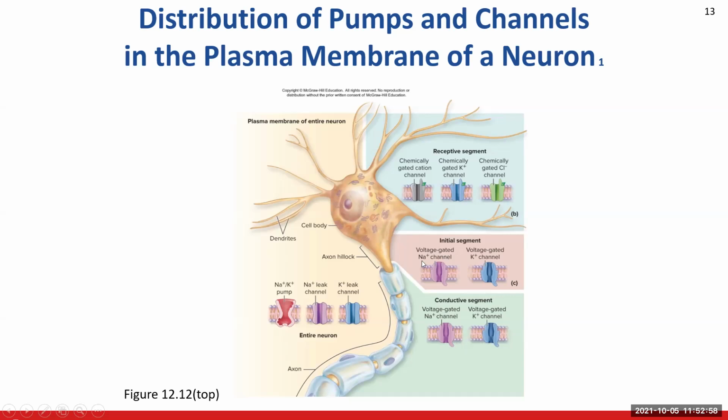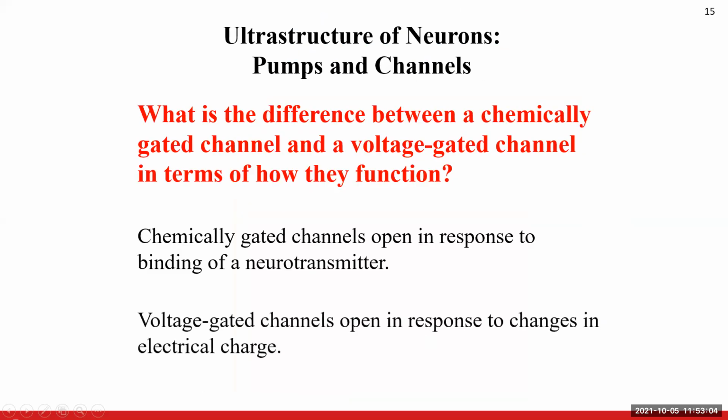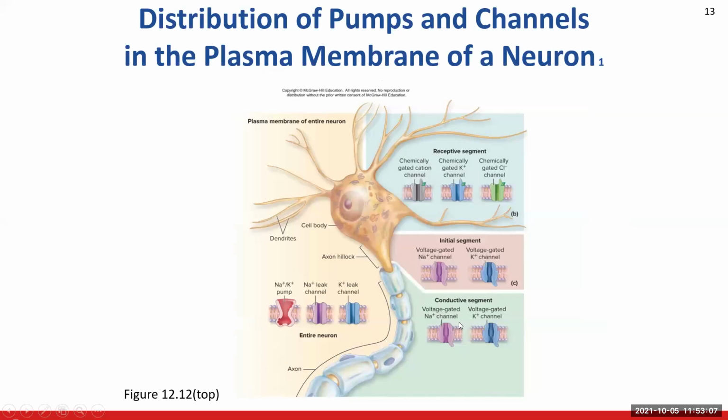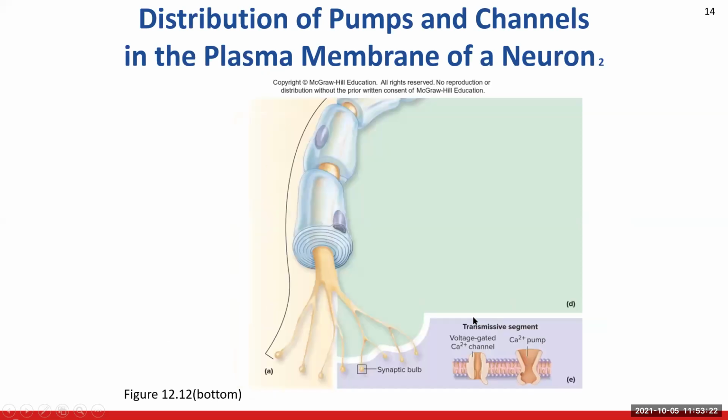Once we do, only sodium can move through it. Then we get to the conductive segment, and that's the axon, that long, huge process that comes off the cell body. And there we'll see more voltage-gated sodium channels and more voltage-gated potassium channels.